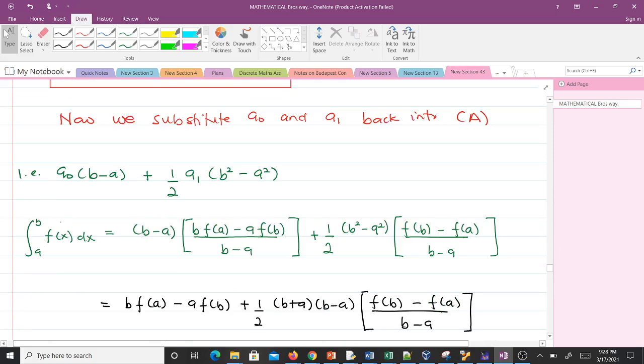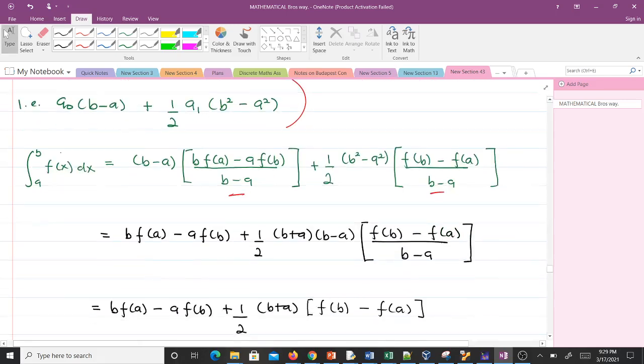So now we substitute A0 and A1 back into equation A. And in case you've forgotten, this was equation A. So where you find A0, we put this there. Where we get A1, we put this there. So now the next thing left is for us to do simplification, okay? Alright, so you see here, it's very simple. This will cancel this.